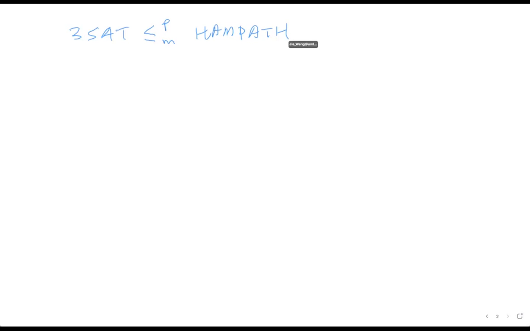What it means is, let's say I have a formula in 3CNF, conjunctive normal form, which means that each clause has 3 literals. And let's say we have M clauses and N variables.